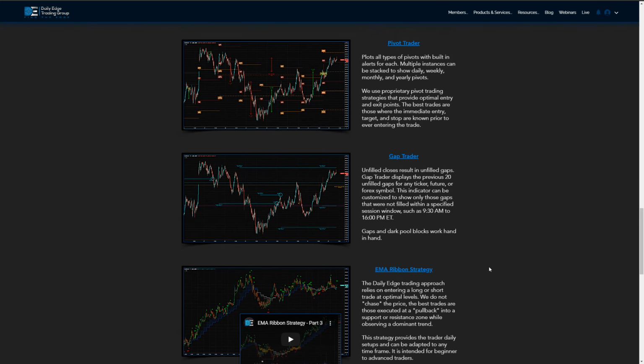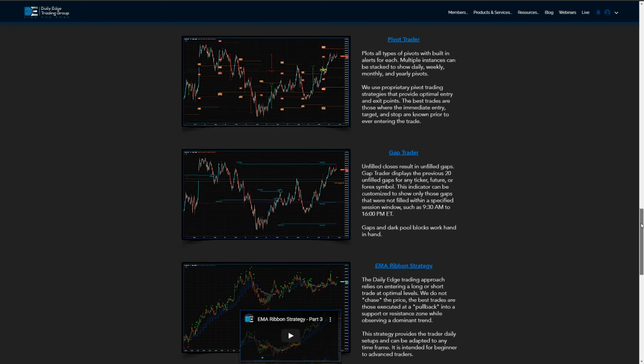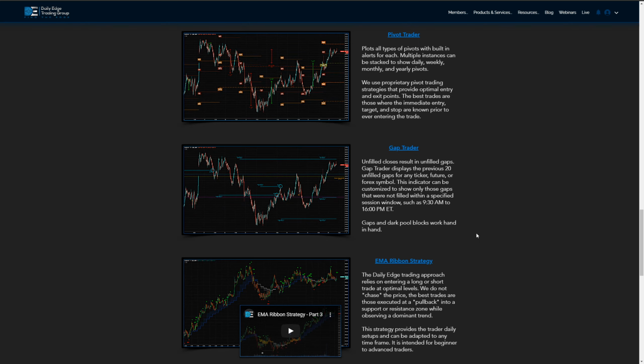We go over these. I use this EMA ribbon strategy constantly now because it's worked so well when VIX is above 25, and I'm using it across a wide variety of instruments. Pivot Trader is something I'll definitely go into next.